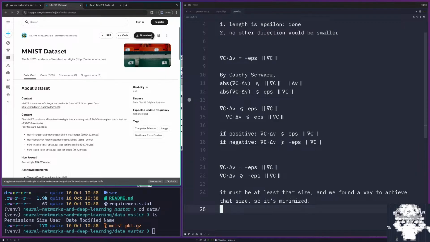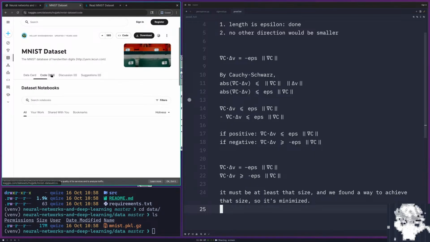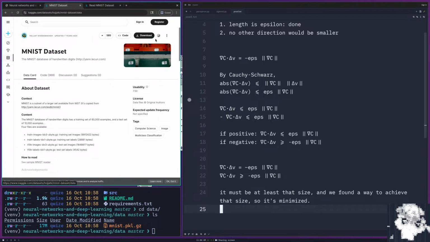Because if I download this, what is code? That's not a, okay. This is people have written stuff using this data.